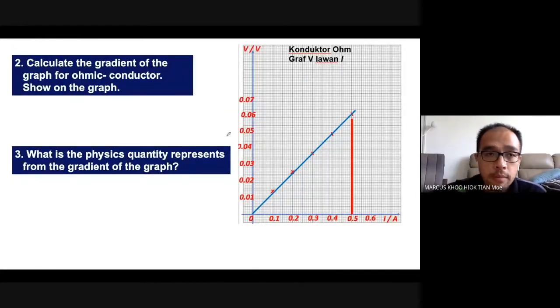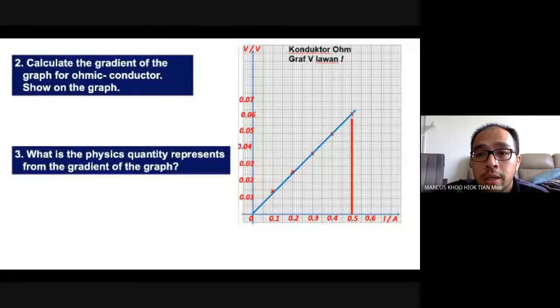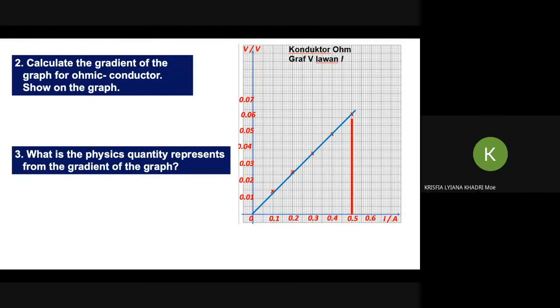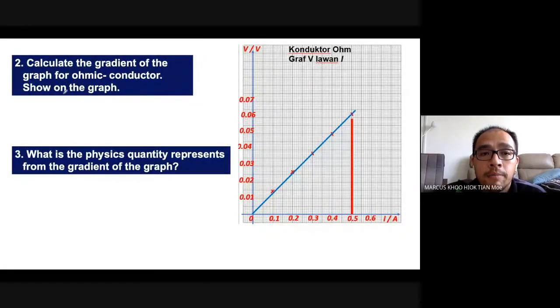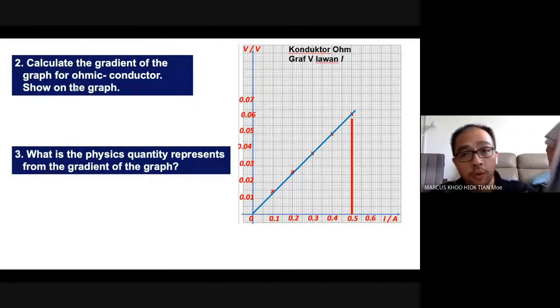Then calculate the gradient. This is not required. Did they ask you to calculate the gradient in the experiment? No, they only asked you to compare. So maybe you can do this one for your handout.